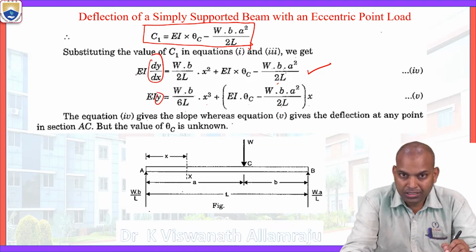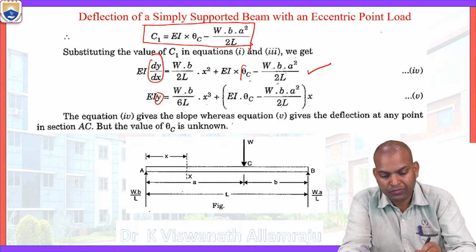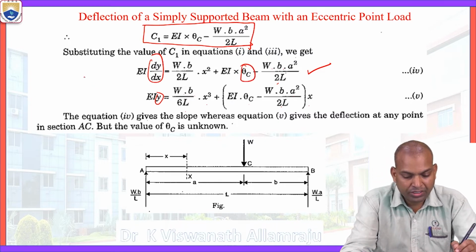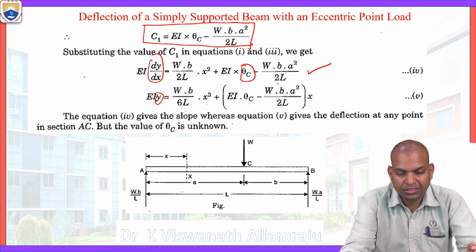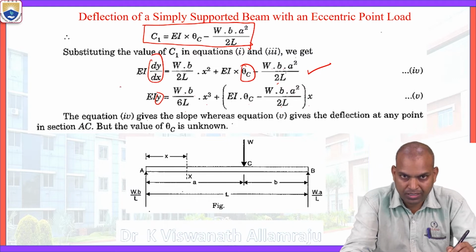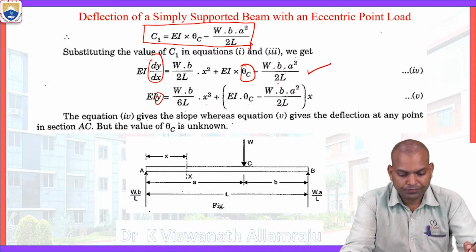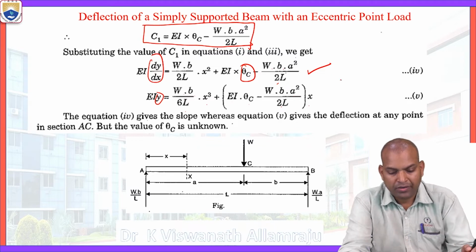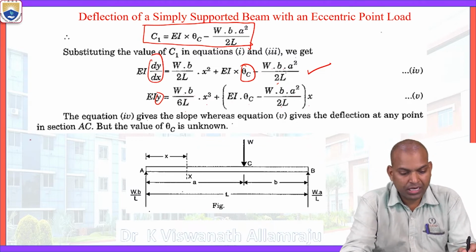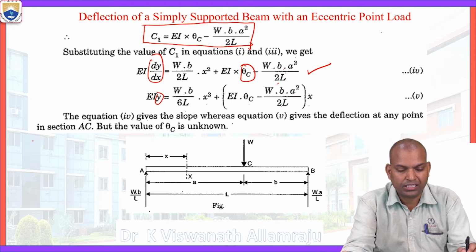But these are still not complete. Why? Because we have to know the value of theta c. After substituting the value of theta c, only then can the complete equations be calculated. Equation 4 gives the slope, whereas equation 5 gives the deflection at any point in the section, part AC.